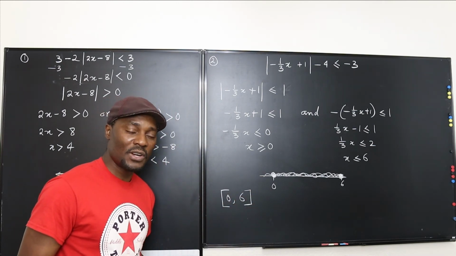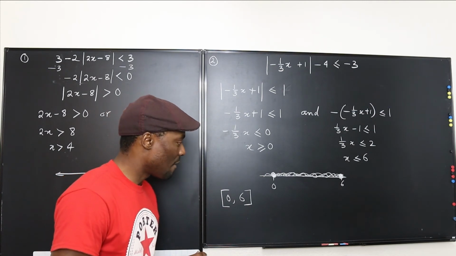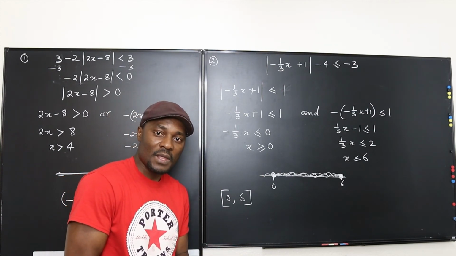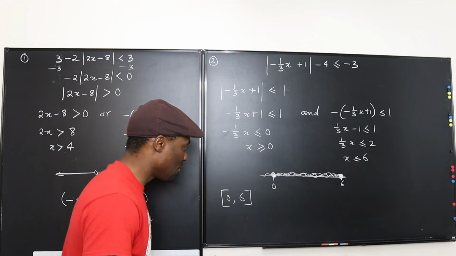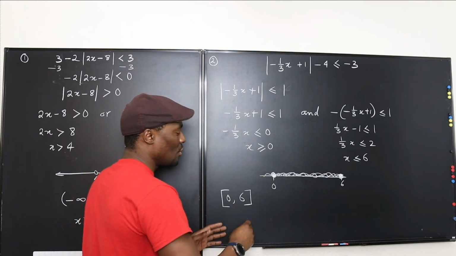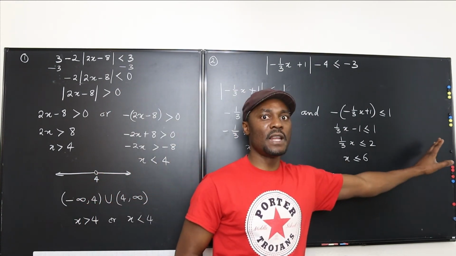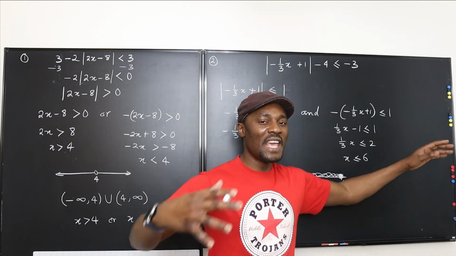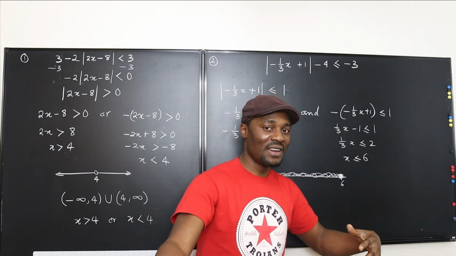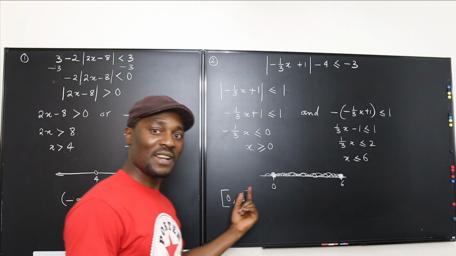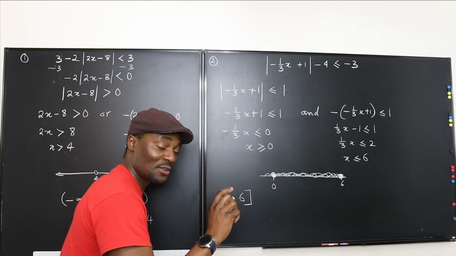Another way to write your answer is to use what you call the compact notation. The compact notation just means that it goes from 0 to infinity, but it is intersected by another answer which goes from negative infinity to 6. So you can also have your answer written this way.